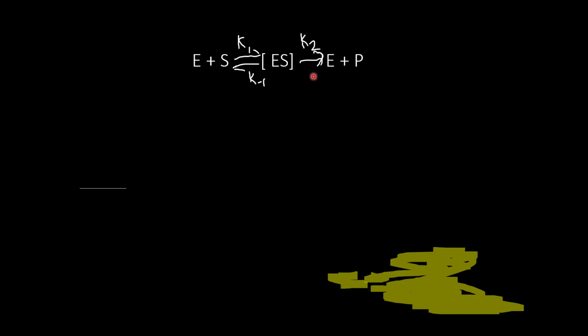So this is the Michaelis Menten theory, that is enzyme plus substrate forming enzyme substrate complex, which splits into the enzyme and the product. From this, the Michaelis Menten equation is derived based on the following assumptions.